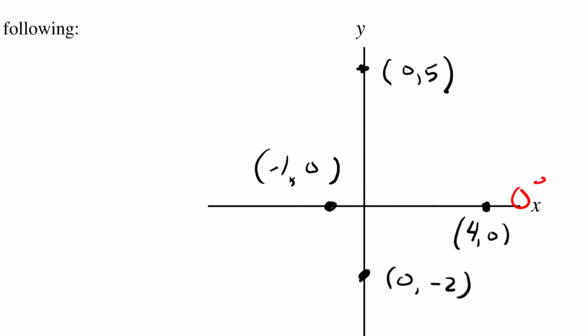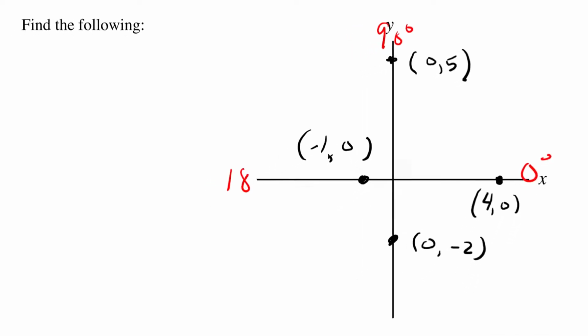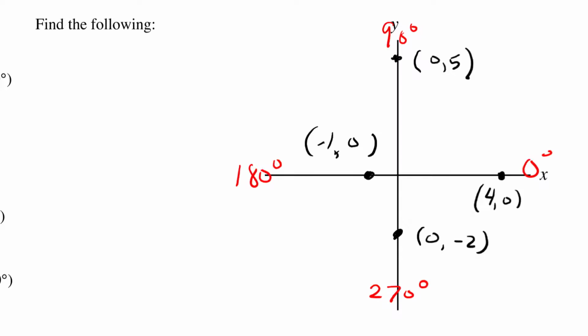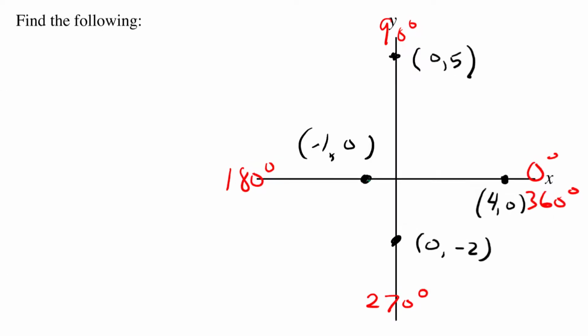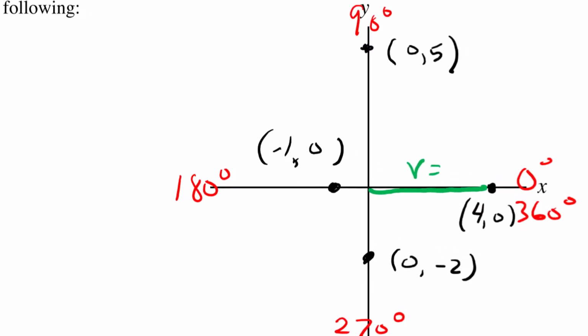Each of these points, just like any other point, is on a circle. Of course, we see the angle measures around those axes, but even this point 4, 0 is on a circle. It's got a nice radius of 4. It's 4 away from the origin. And at 90 degrees, the point 0, 5, the radius there is 5.